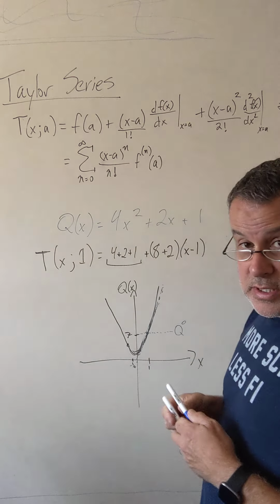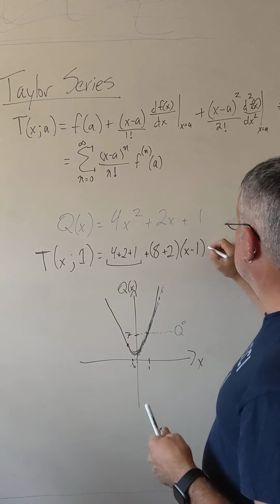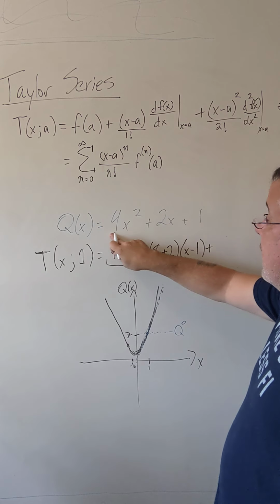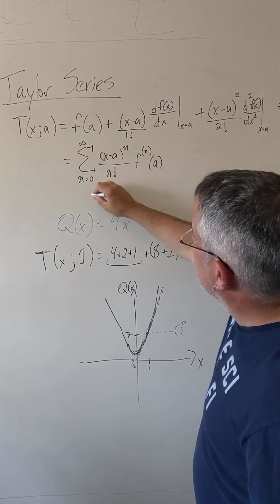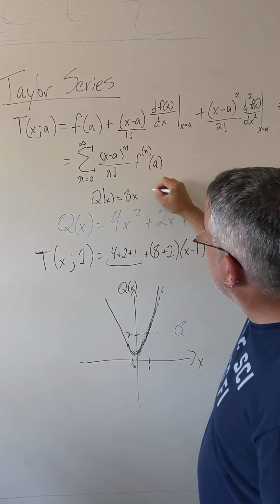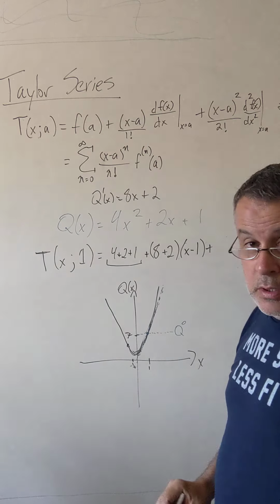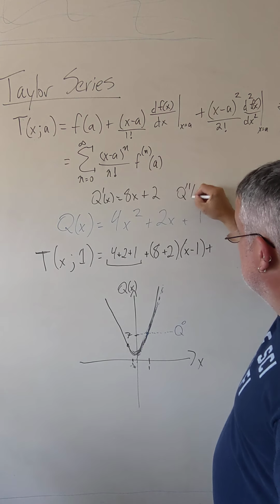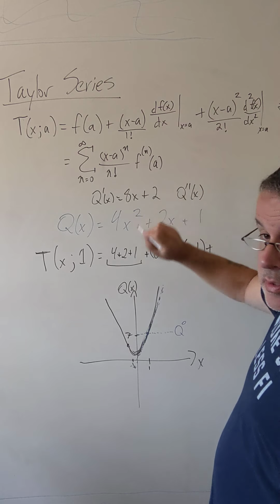Okay, what's the next term in this series? The next term in this series is the second derivative of this. So the first derivative is 8x. Let's write it up here. First derivative of x equals 8x plus 2. So the second derivative is, and I'm using primes.